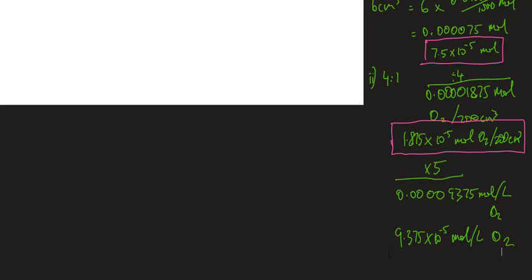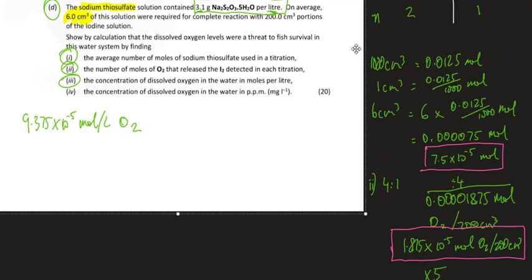And now, I might just grab that. Part 4 is to calculate the concentration of dissolved oxygen in the water in ppm. And ppm is the same as milligrams per liter.